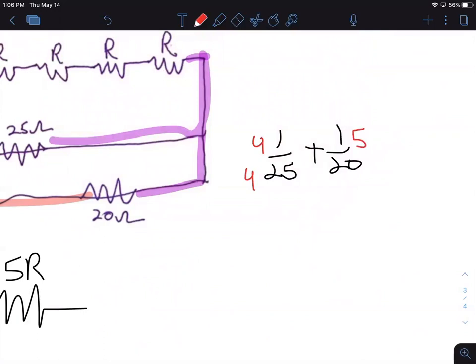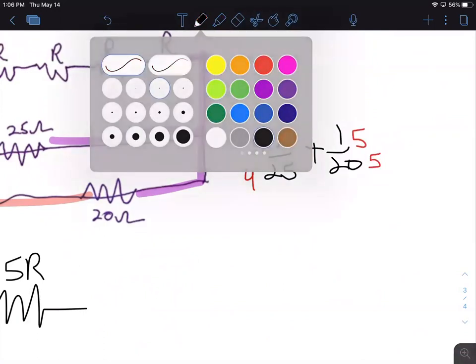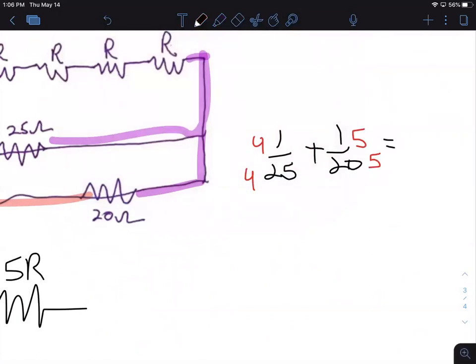Those share 100 as a common denominator. So that's 9 over 100. That's not a very nice number. 100 ninths.